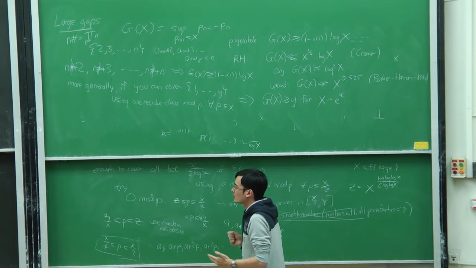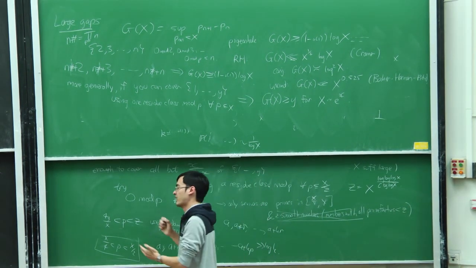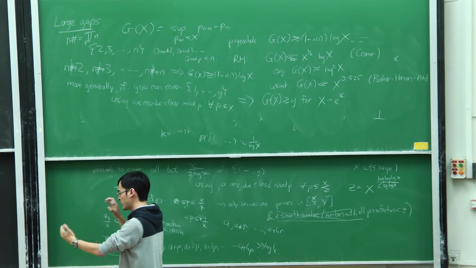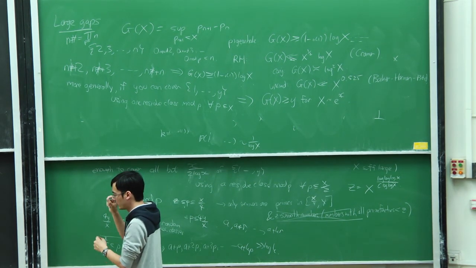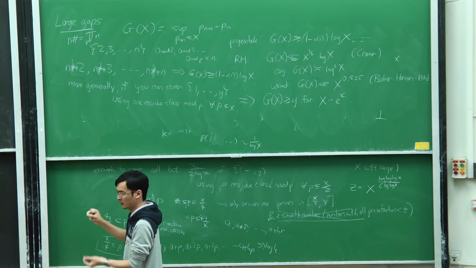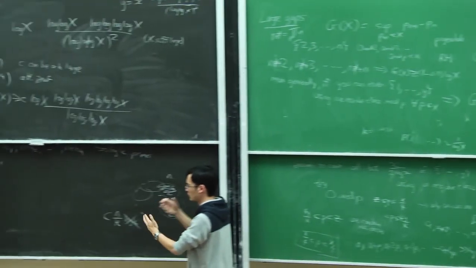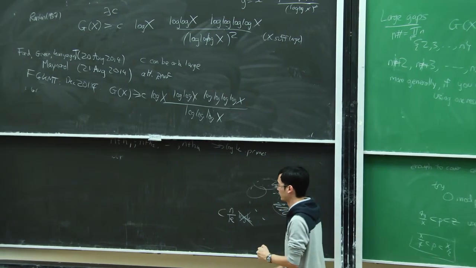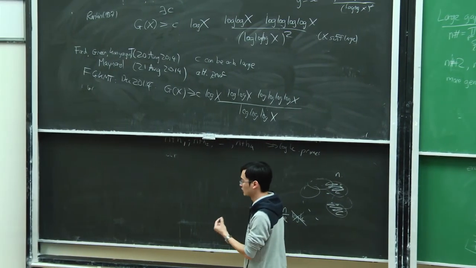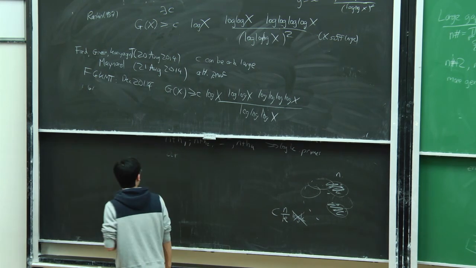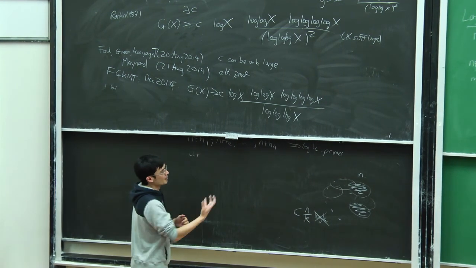But we expect that the largest Cramér primes should come from chains of composite numbers that are composite not because of small primes, but because of big primes. But we have no idea how to produce composite numbers with big prime factors that are next to each other. We can only do it with small prime factors using the Chinese remainder theorem, because that's the only tool we have.